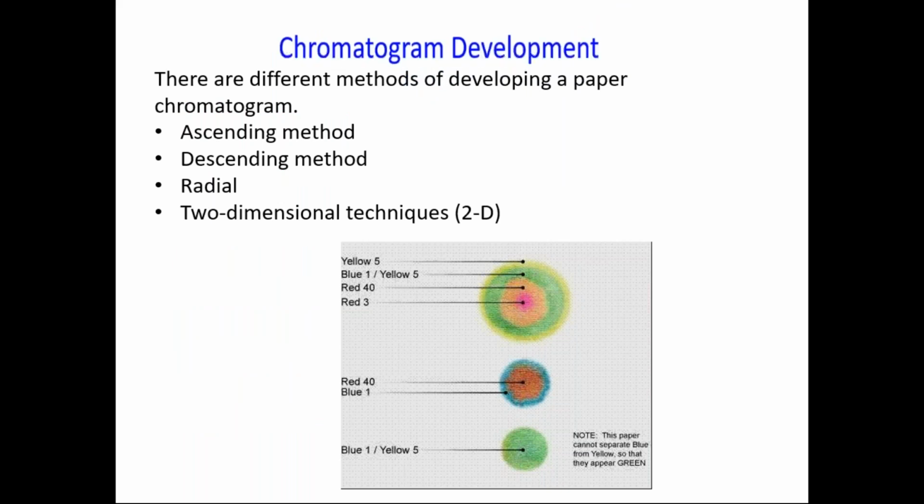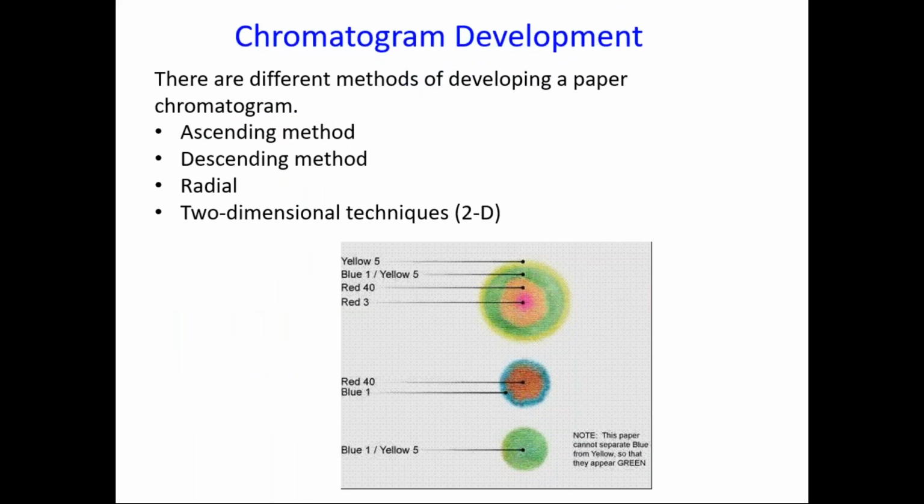So if you look at the chromatogram, after we have spotted the analytes, you need to develop the chromatogram. There are four different methods by which we can do the developing, and that is either by ascending, that is allowing the capillary action to take place from bottom to up, or we can do it by the descending method or the radial method, and we also have a special technique in paper chromatography which is known as the two-dimensional technique.